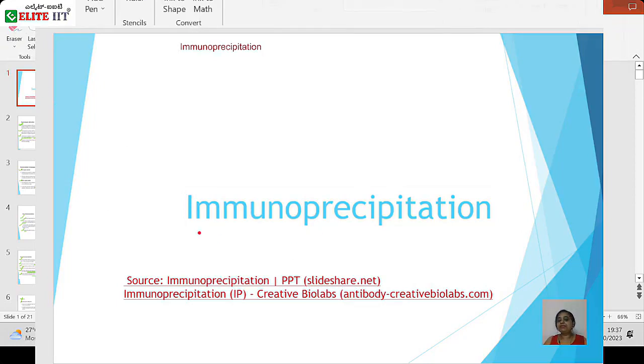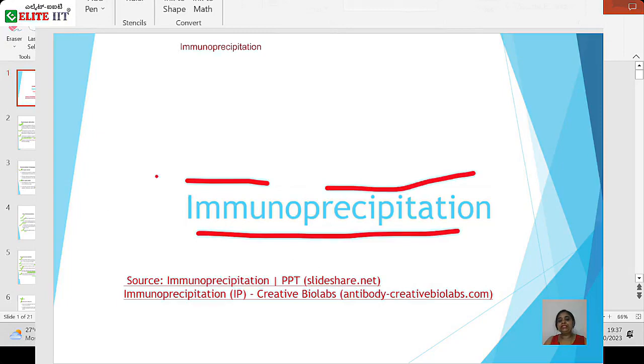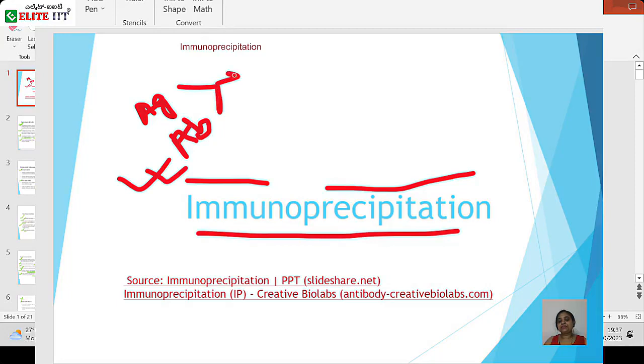So the topic is immunoprecipitation. From the name you can understand: immuno plus precipitation. Immuno means, if you consider any immunological assay, in most cases antigen and antibody are involved, and there is antigen-antibody interaction.